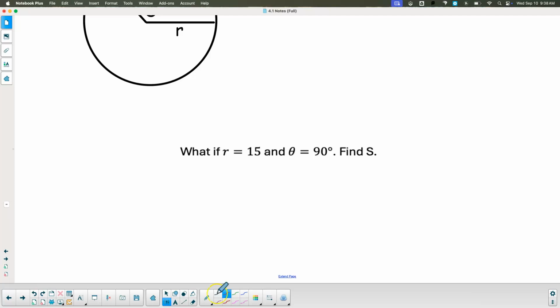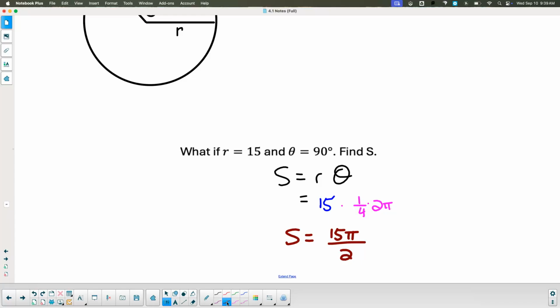So I can still use S equals R theta, where R here is 15, and theta is 1/4 of 2 pi, because 2 pi is the radian measure to go all the way around the circle. 15 times 1/4 is 15 fourths. 15 fourths times 2 pi is 15 pi over 2 units, because there is no label in this problem.